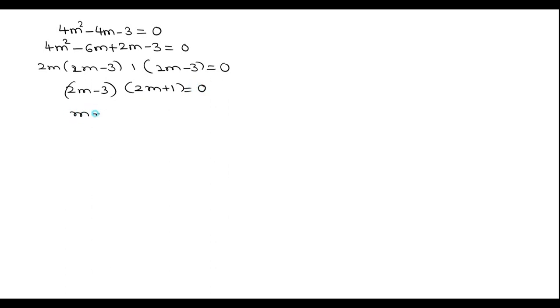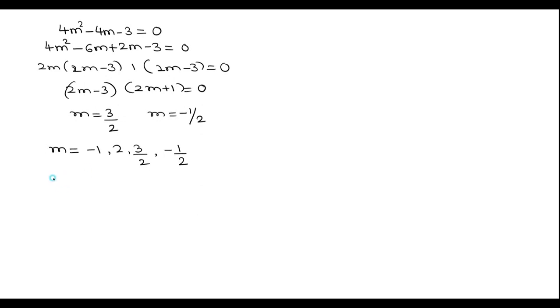So we have the values of m as 3/2 and -1/2. So the roots of the biquadratic equation are -1, 2, 3/2 and -1/2. Note that all the roots of this equation are non-repeated roots.